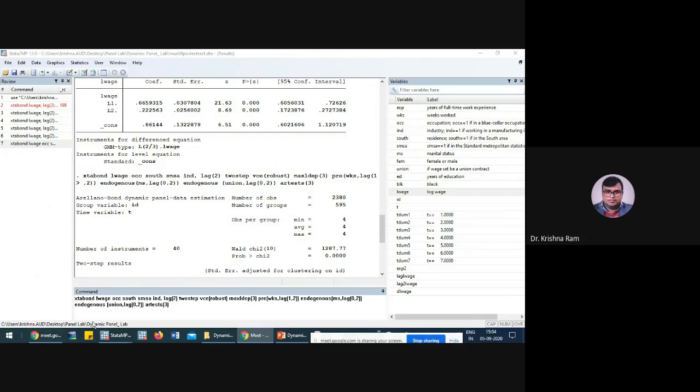Strict exogeneity means none of these variables is related with the past, present, and future values of the error term.